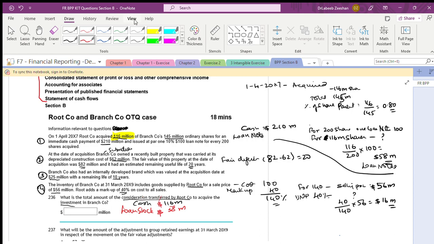From where we got 58 million? We got 58 million from here. Now how much is there if you take it into consideration?